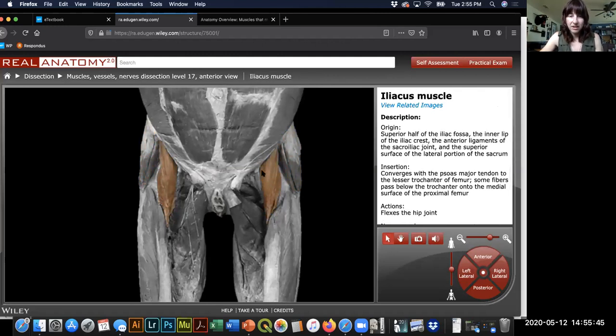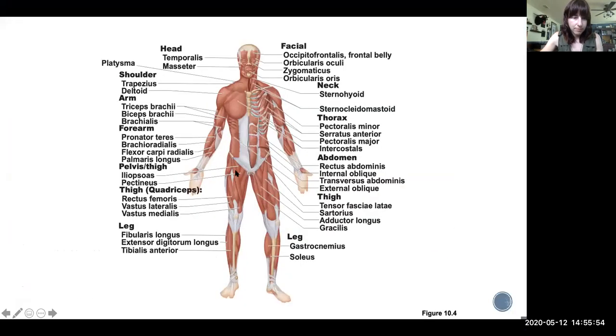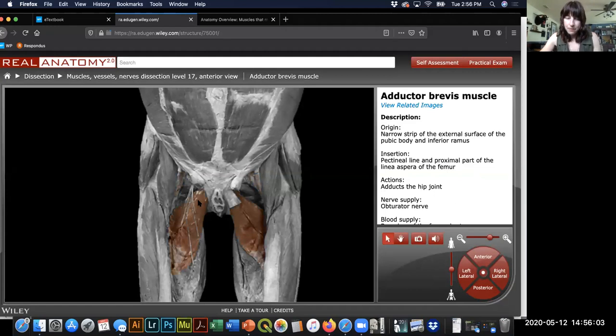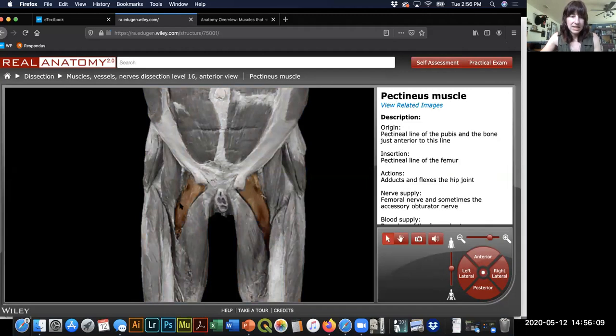So we're gonna consider this the iliopsoas muscle on this dissection. The psoas major is not one that I'm asking you to know. So let's move on to one that again isn't there. There we go. The pectineus muscle.